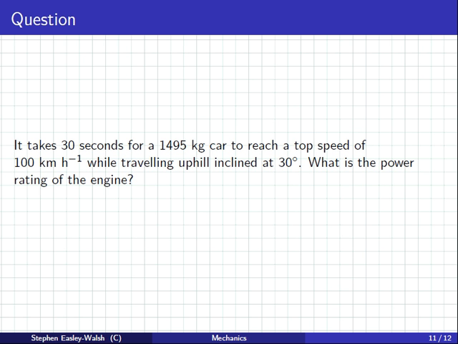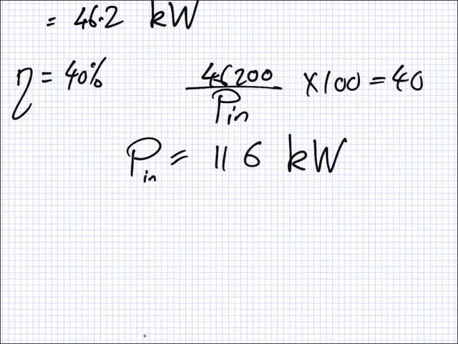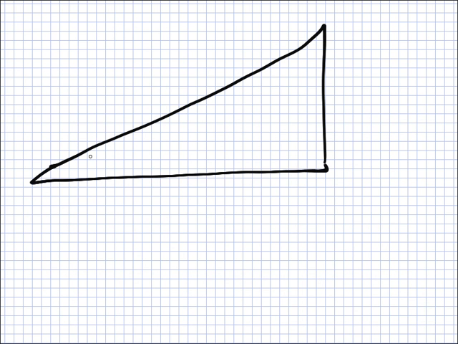No, that's a little hard. I'll make it a little bit different, okay? So, what I'll have here, we'll have a hill. And we'll say that this is at 30 degrees. We'll keep it easy. We'll just say this is 1,000 kilograms. Okay?